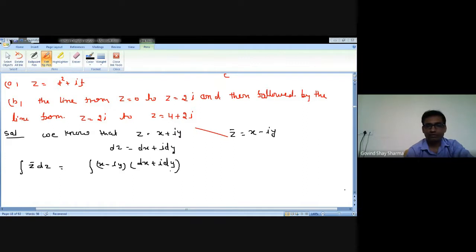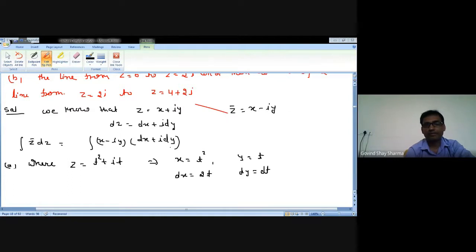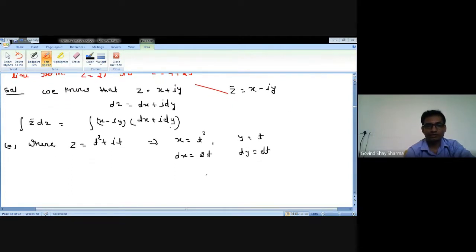Now we take first z equal to t square plus iota t. So this implies x is equal to t square, y is equal to t. So dx is equal to 2t dt, dy is equal to dt. Now dz becomes 2t dt plus iota dt.